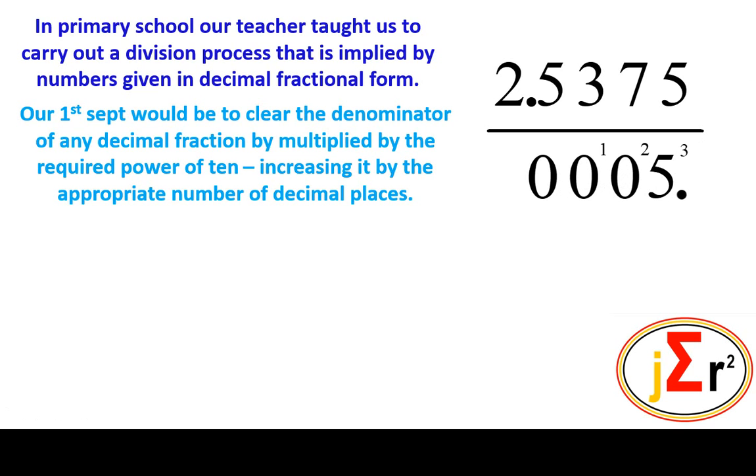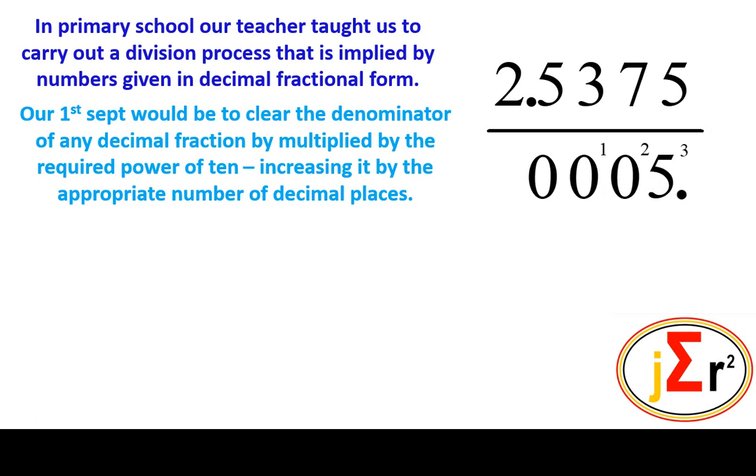In order for that to take place, the decimal point will have to be placed to the right of all non-zero digits. And for that to take place, it's an increase by 3 places of decimal, meaning that we are multiplying by 10 to the power of 3.